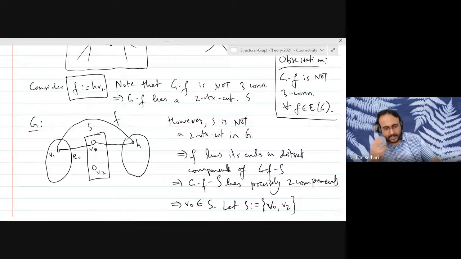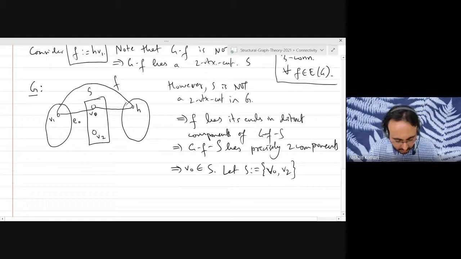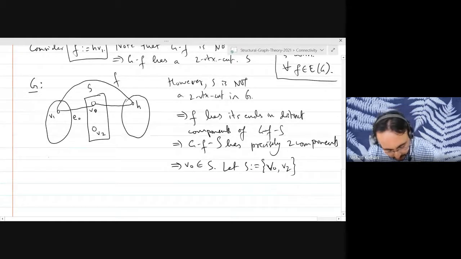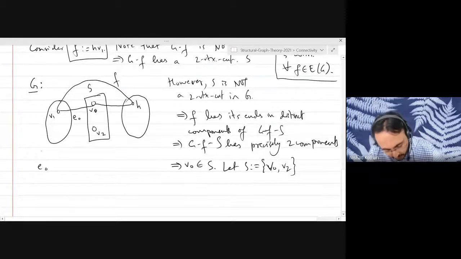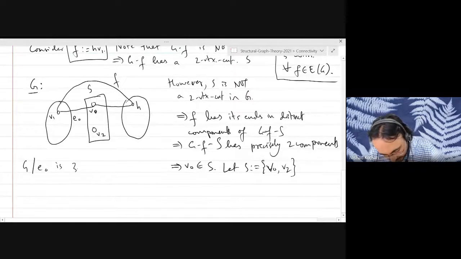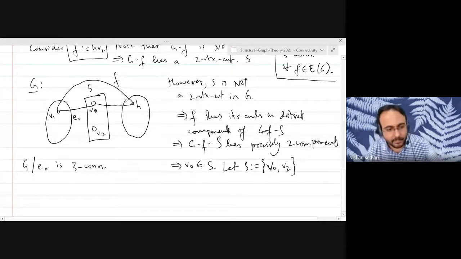When I say vicinity, I mean the vertices and edges close to the edge E0. It's a vague term, nothing precise. Okay, so we know that when we contract the edge E0, we get a 3 connected graph, right? Because we applied Thomason's theorem to find the edge E0.